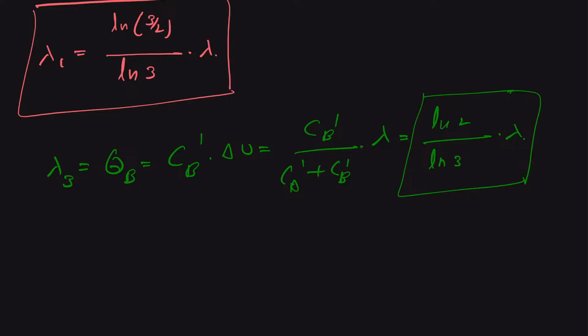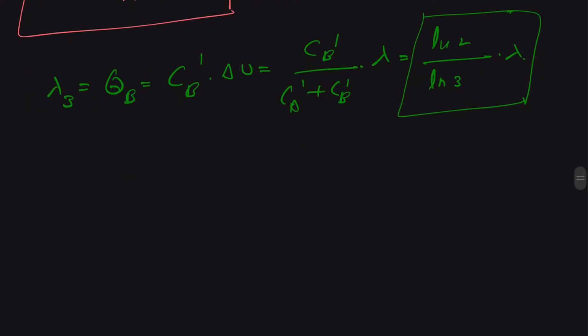Now we come to part B. In this case, we are supposed to find out the capacitance per unit length. We have part B, and we have to find out the capacitance per unit length.